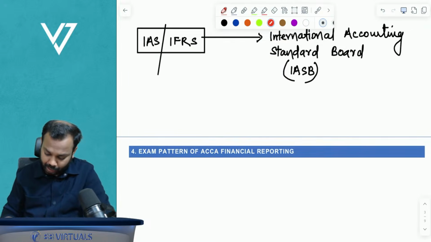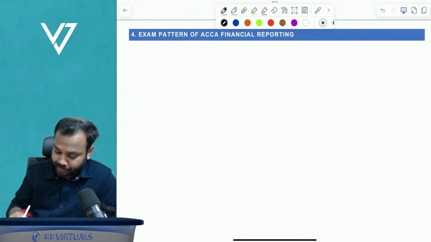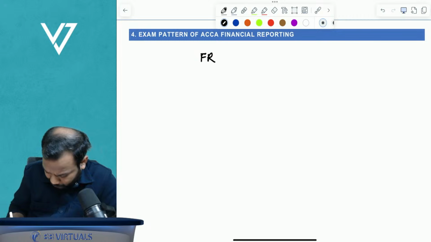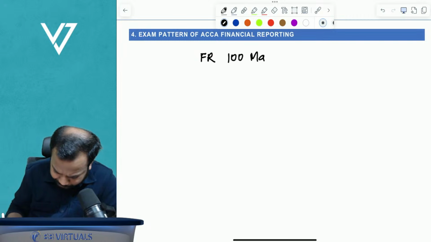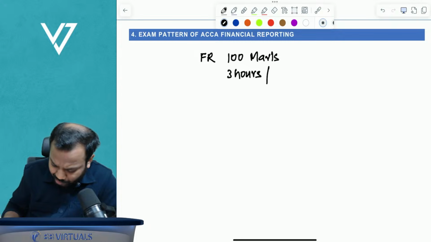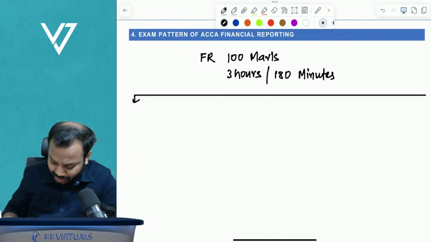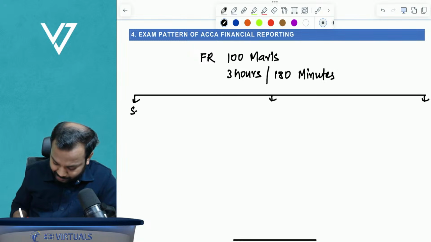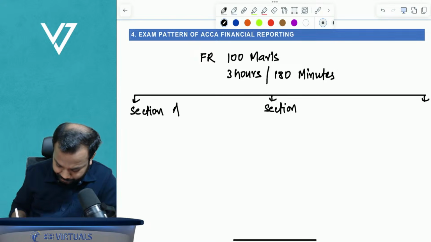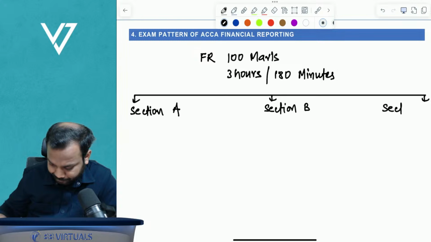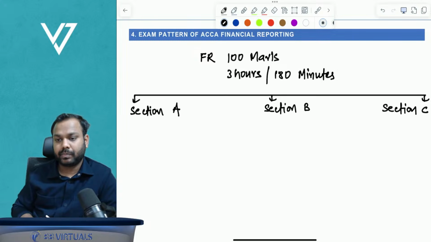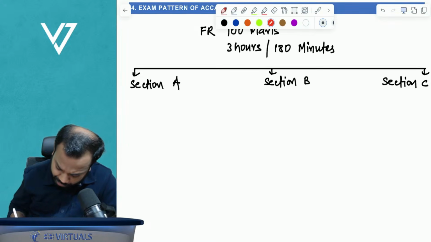So your ACCA FR exam, which is of 100 marks, to be solved in 3 hours, that is 180 minutes, is divided into 3 sections: Section A, Section B, and Section C. Section A is of 30 marks.